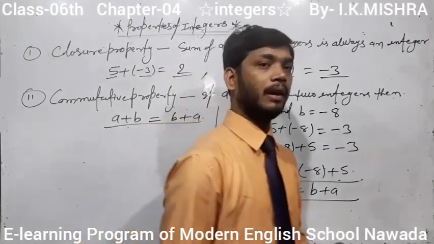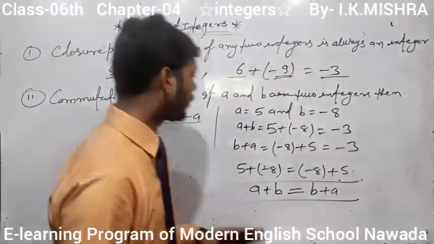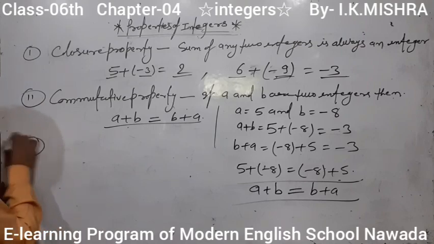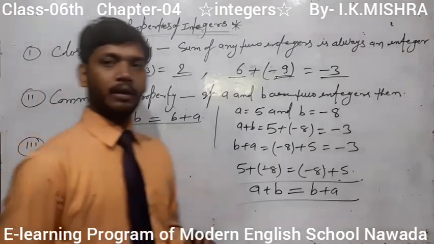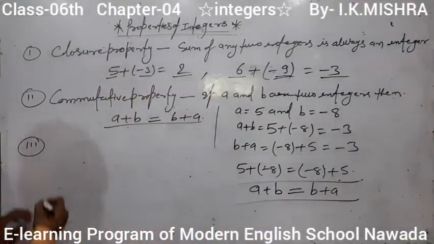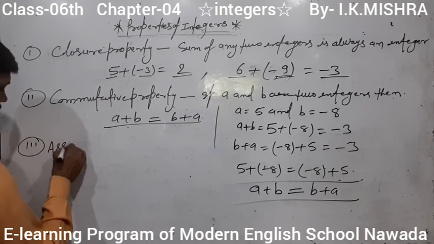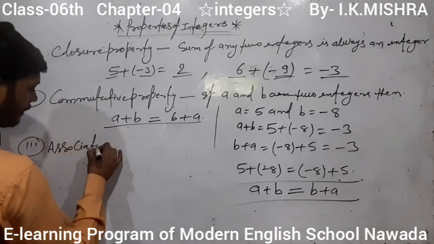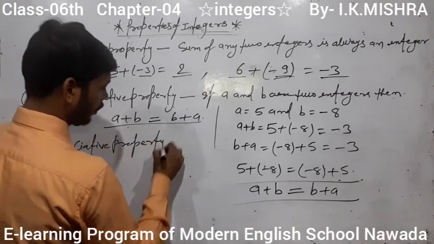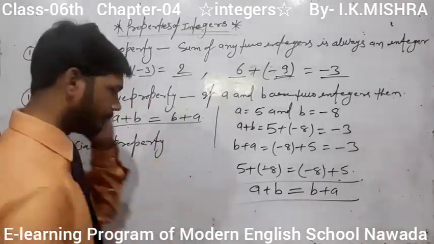Friends, the next property, third property, is the associative property. Associative property or associative law.